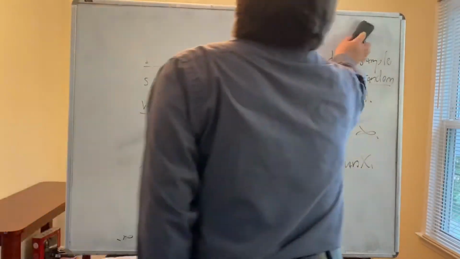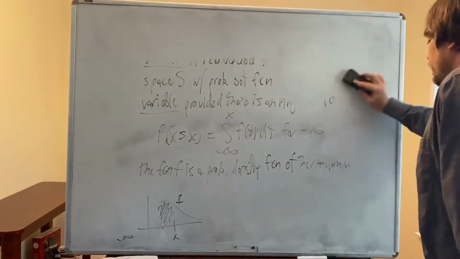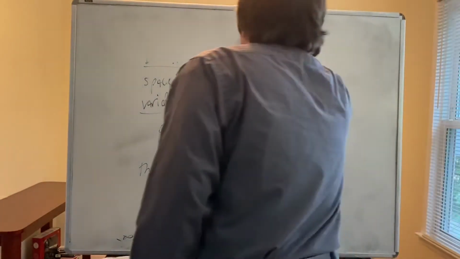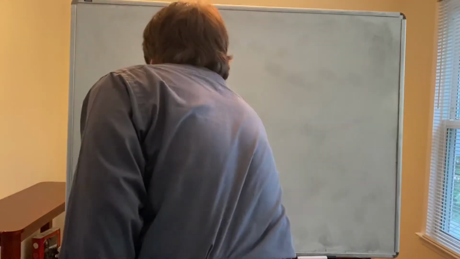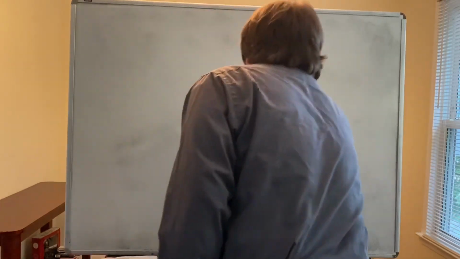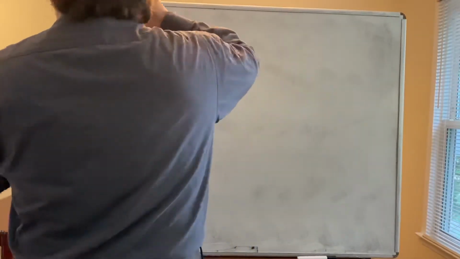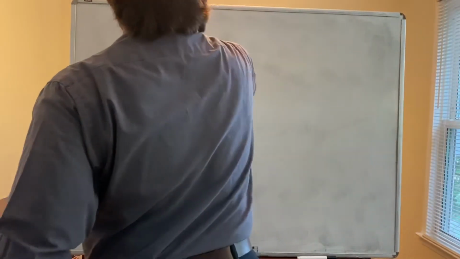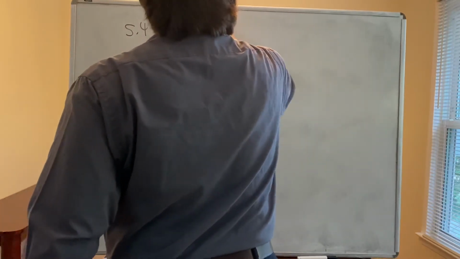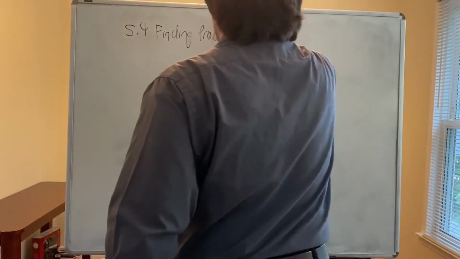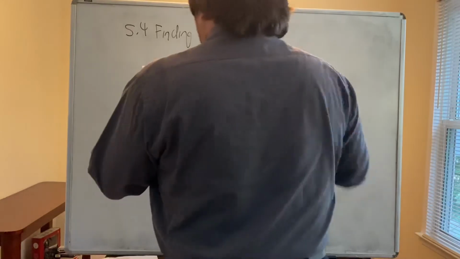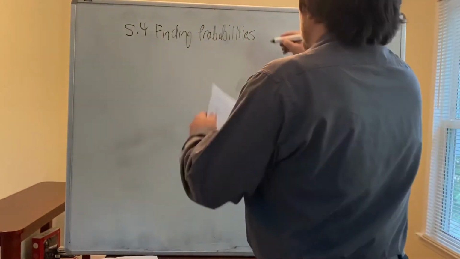Let's keep going. 5.4 is finding probabilities for continuous random variables.